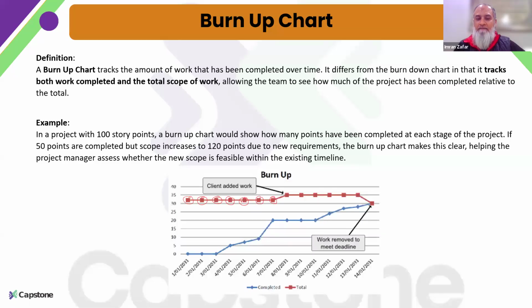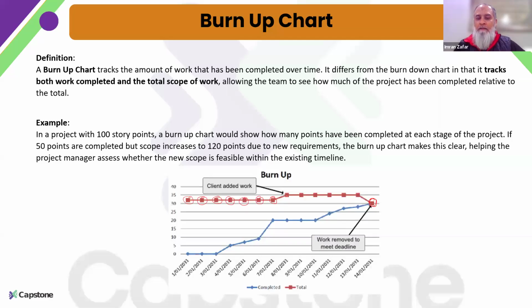You had to complete this many user story points, and this was the timeline in which you have to complete this work. This is a date-wise chart. So on every day, how many user story points we are completing.